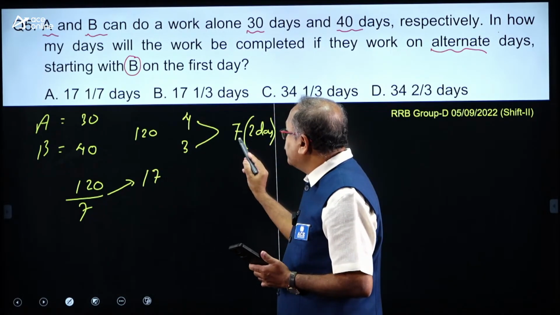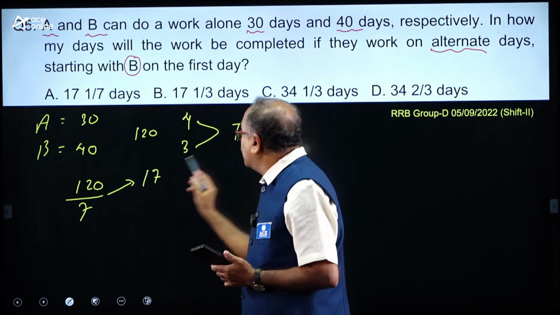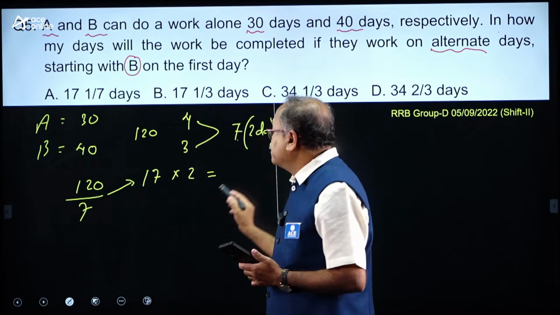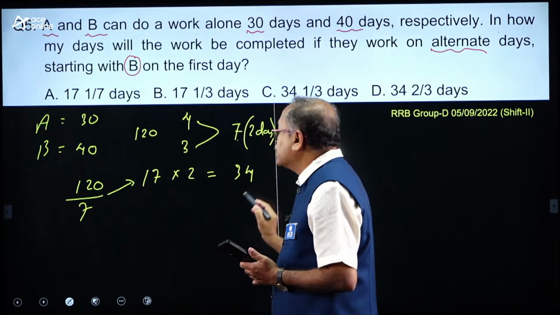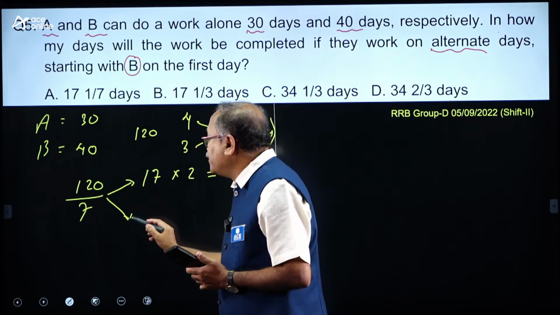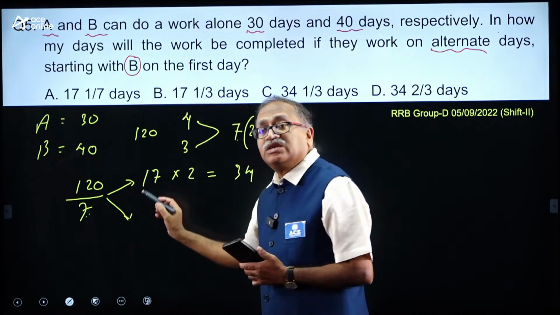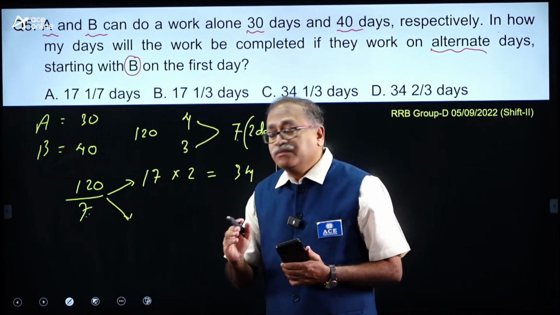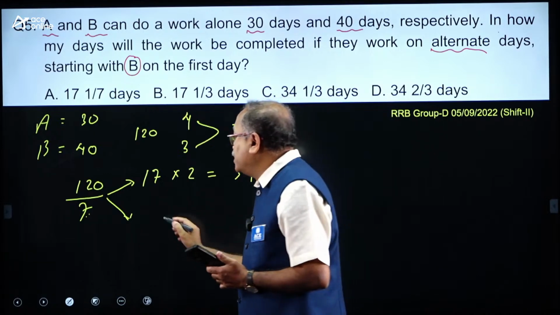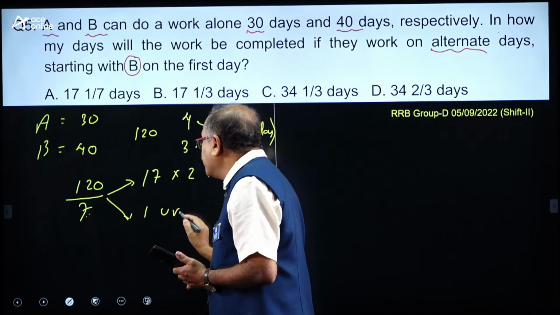Now, this 7 units is for every 2 days, then 17 into 2 comes to 34 days. And how many units are left? 7 into 17, 119. Out of 120, 119 units are over. So, 1 unit is left.